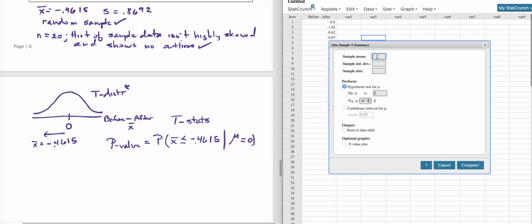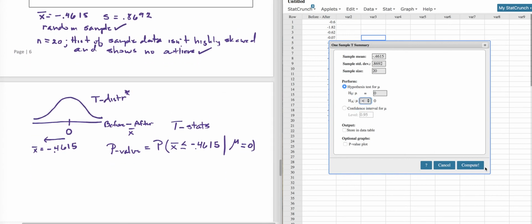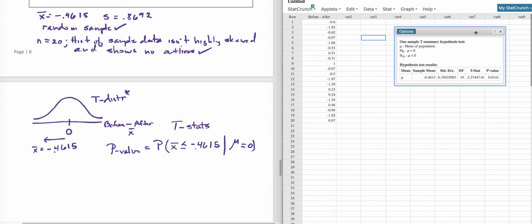We can put in our sample mean of negative 0.4615, our standard deviation of 0.8692, and our sample size of 20. Our alternate hypothesis was a less than, yes, and compute.